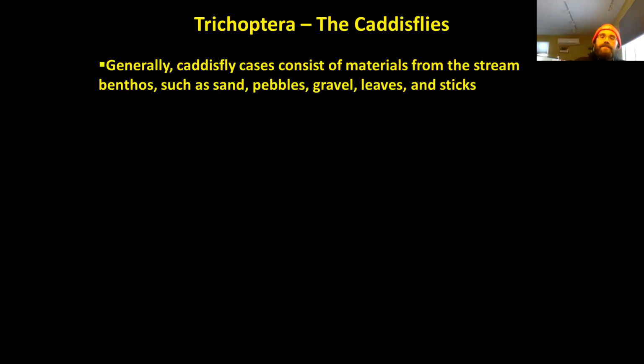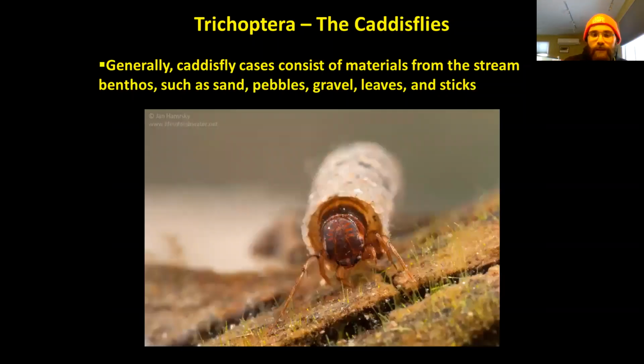Generally, caddisfly cases consist of materials from the stream benthos, such as sand, pebbles, gravel, leaves, and sticks. So for example, this caddisfly, you can see, has taken sand pebbles and has made a case out of them.